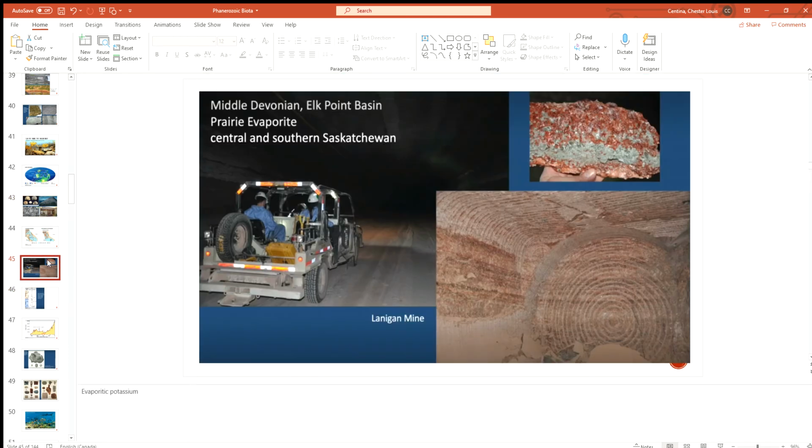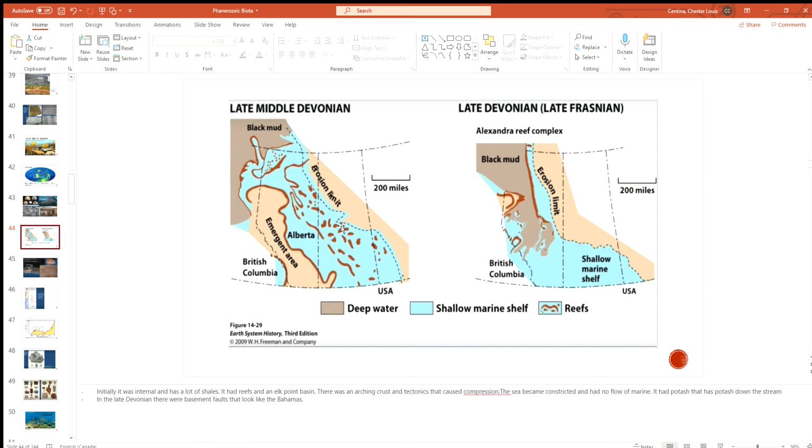Okay, so this one, the interpretation of this map shows the late Middle Devonian here and then the late Devonian here. Initially it was internal and had a lot of shales, and then it had reefs and an Elk Point Basin, which is right here in Alberta. There was an arcing crust and tectonics that caused compression.